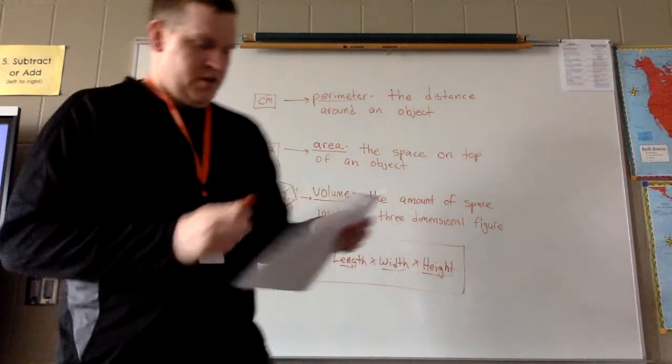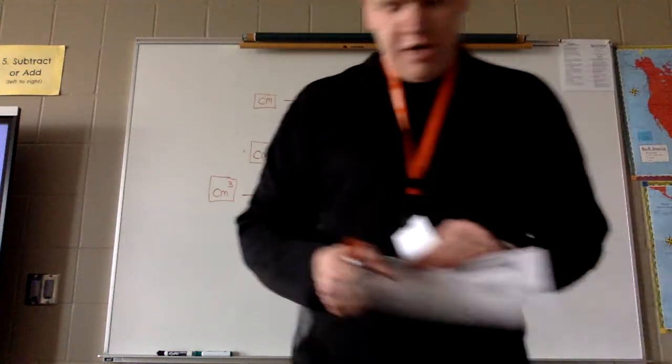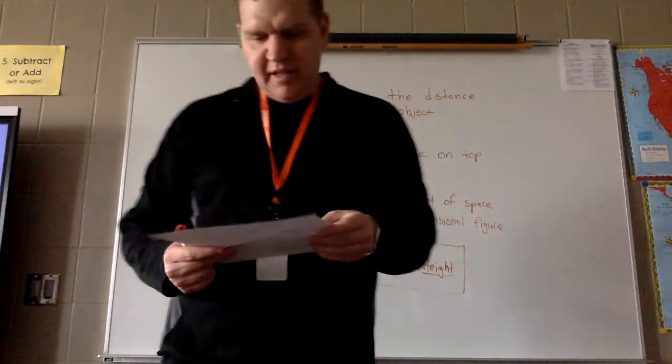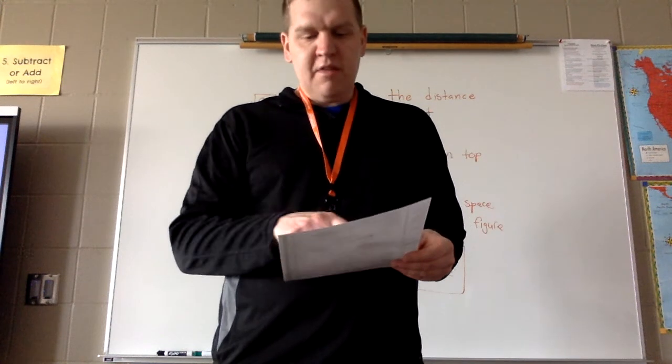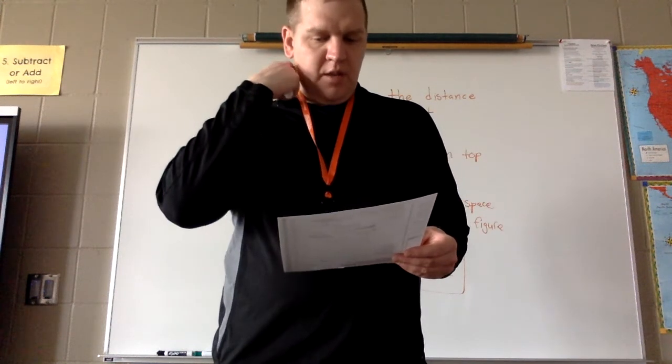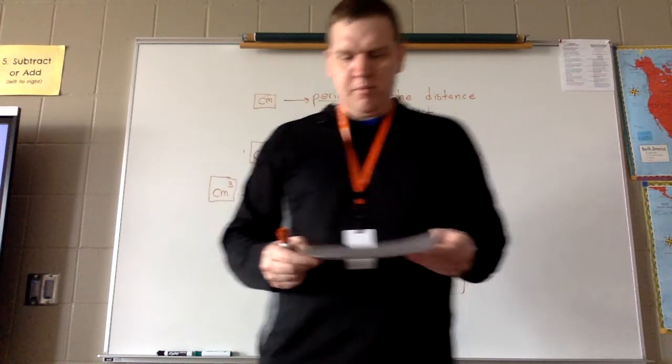So if you turn in your packet to page 570 and you look at example number 1, it says find the volume of a rectangular prism. Okay, so there is the volume of a rectangular prism there.